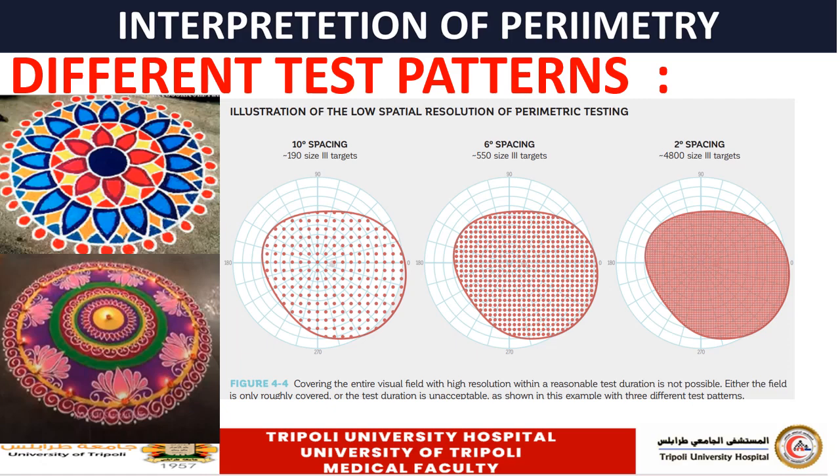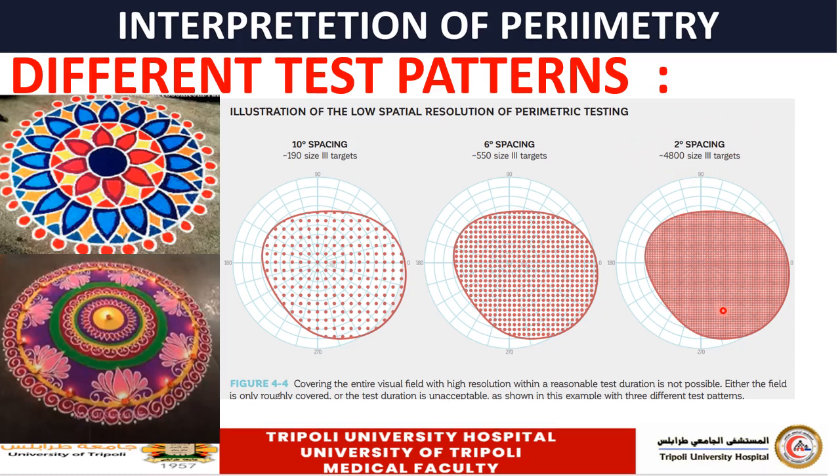Now, the idea of constructing and choosing the right test pattern for your patient comes from the fact that for an ideal visual field, we have to test all the retinal points. But this is not a practical way of assessing visual function, because you need at least 4,800 test points for the retina if these points are 2 degrees apart.